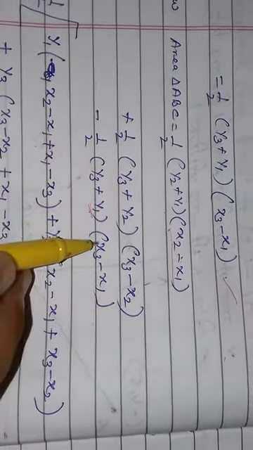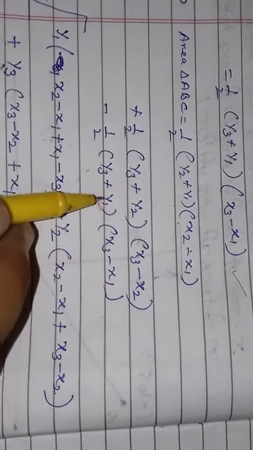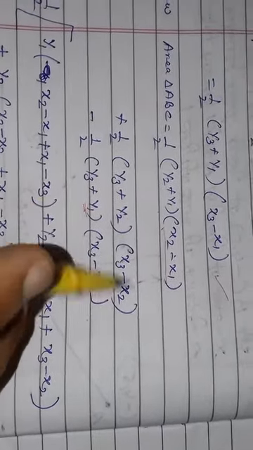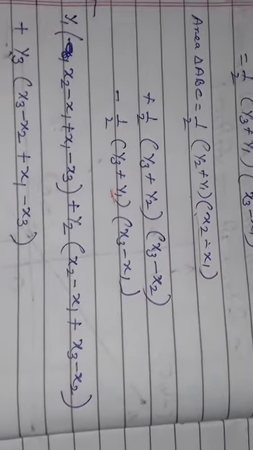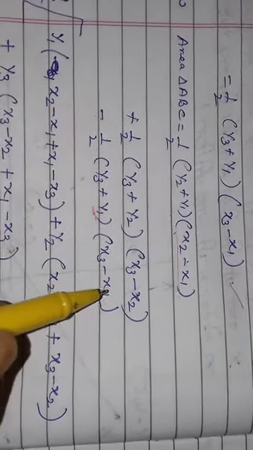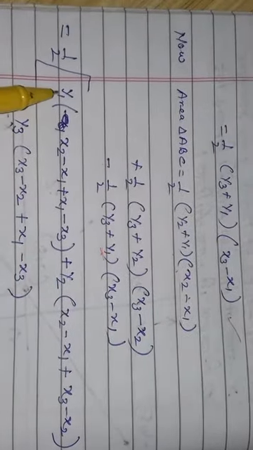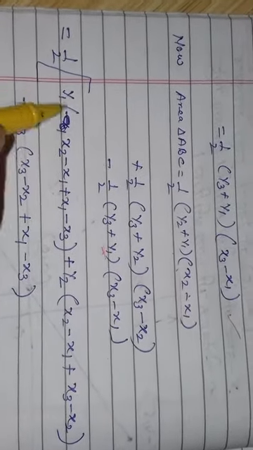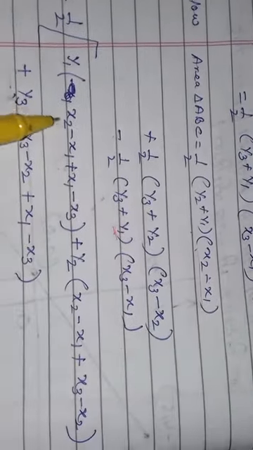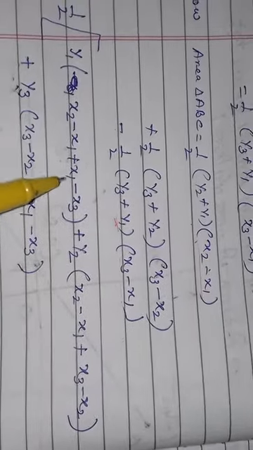Minus x3 minus x1 means minus x3 plus x1, so the coefficient is x1 minus x3. So y1 is taken outside and the coefficients are written in brackets: (x2 minus x1) plus (x1 minus x3).